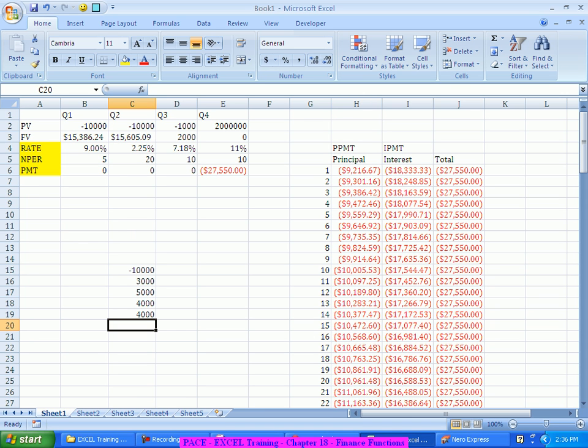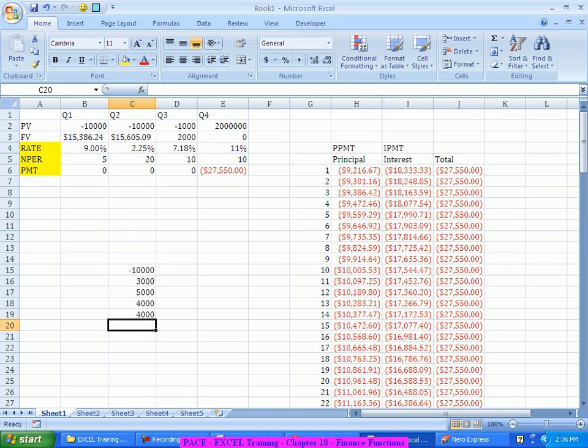This kind of return is nothing but my internal rate of return, which is IRR. I invest something, and I get different amounts at different periods in time. I want to find out the average annual return during the entire process. I am calling it an IRR.